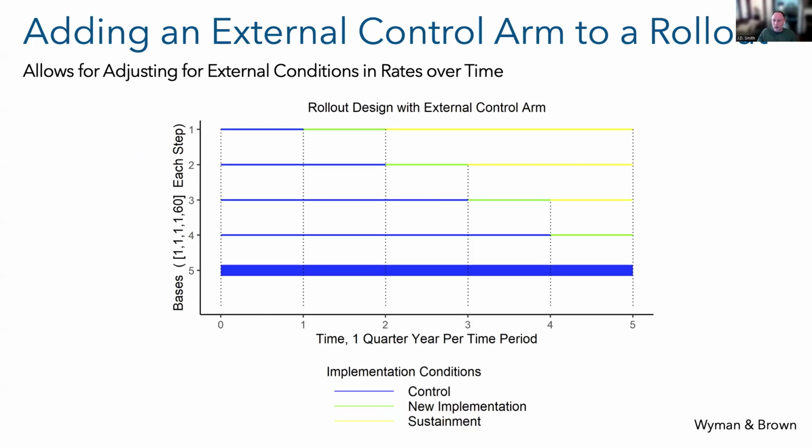So here is a scenario. This is an actual study that is funded. Hendrix Brown is the lead biostatistician, and Peter Wyman, who's at University of Rochester, is the PI. In this particular study, they have a rollout design that has a control, a new implementation period, and a sustainment period.